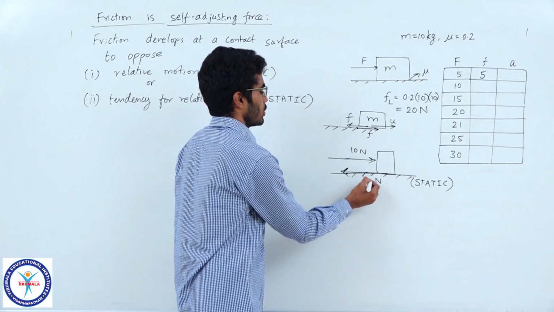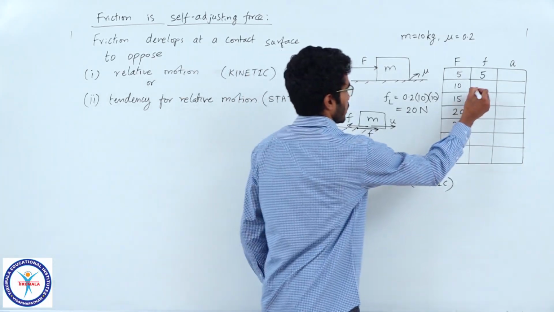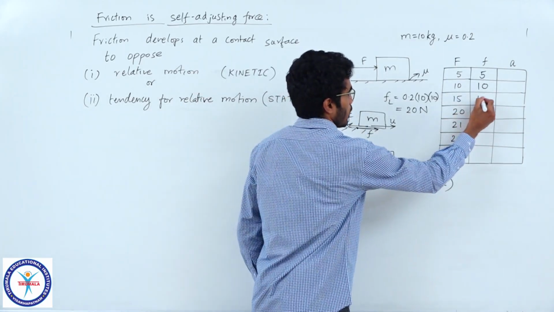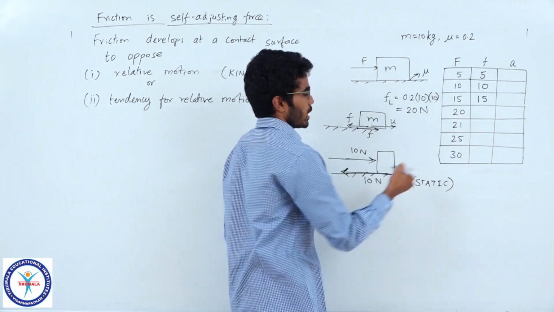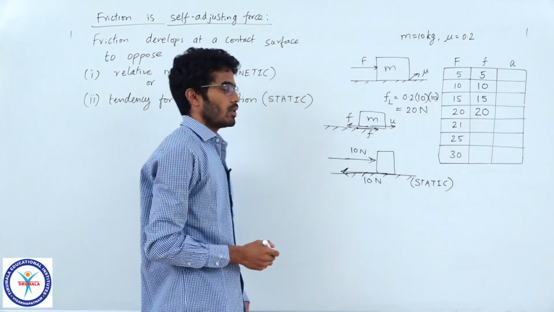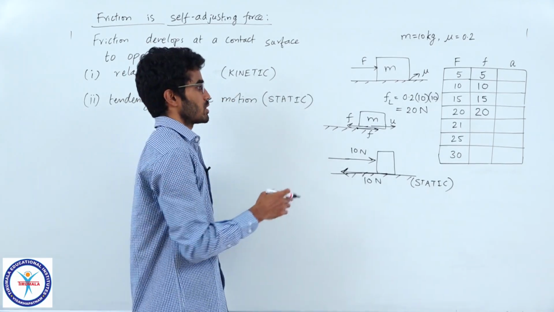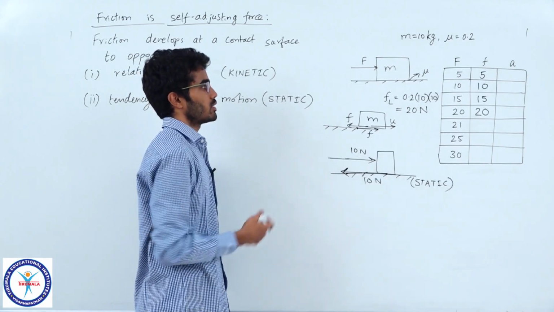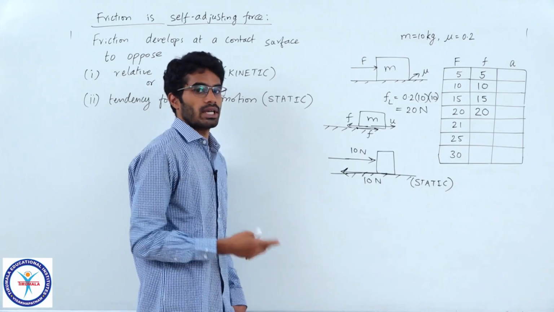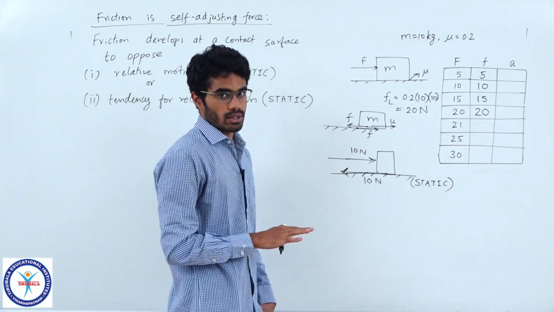So, the friction developing will be 10 newtons and will stop the block, and it is also still static in nature. And this happens as you increase the force, the friction also keeps on increasing, but up to the limit 20. Now, what happens if you just increase this value? If the force acting on the block is larger than the limiting friction, what happens? The block now slips, it slides, because the friction acting will be only 20 newtons maximum.